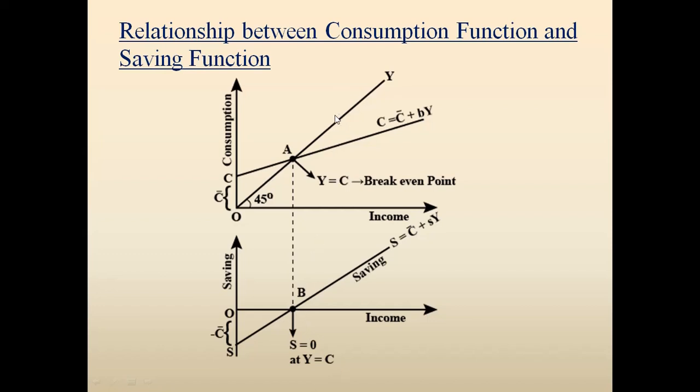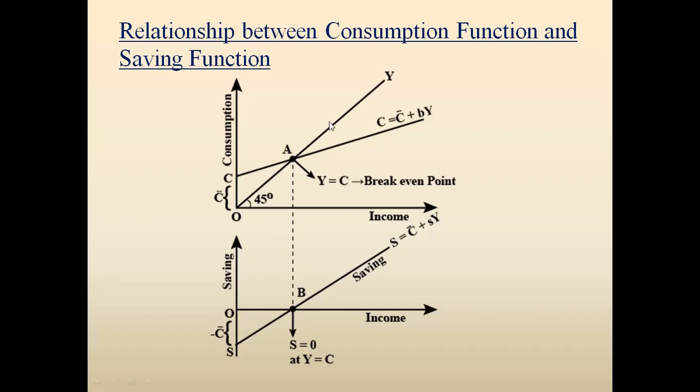But when your income is more than your consumption, as you can see in this graph, this line of income previously, at the initial stage, this income curve is lying below the consumption curve, which means your income is less than consumption. So at this point of time, there will be dis-saving, that is, the saving will be negative. But when your income is equal to C, then your saving will be 0.